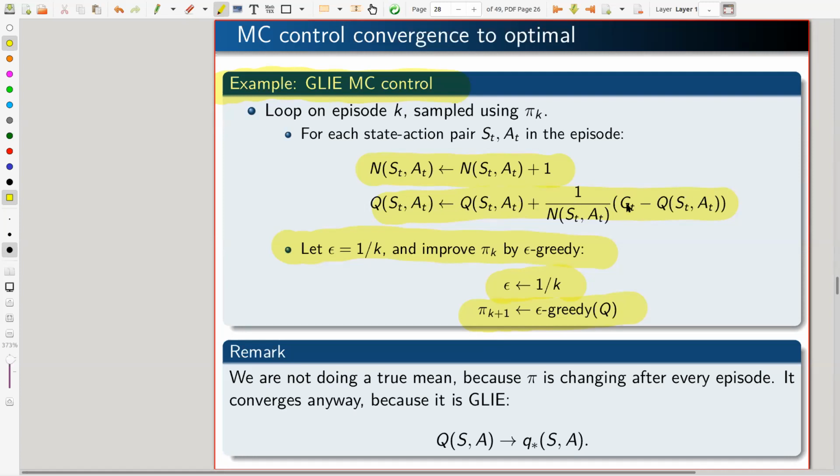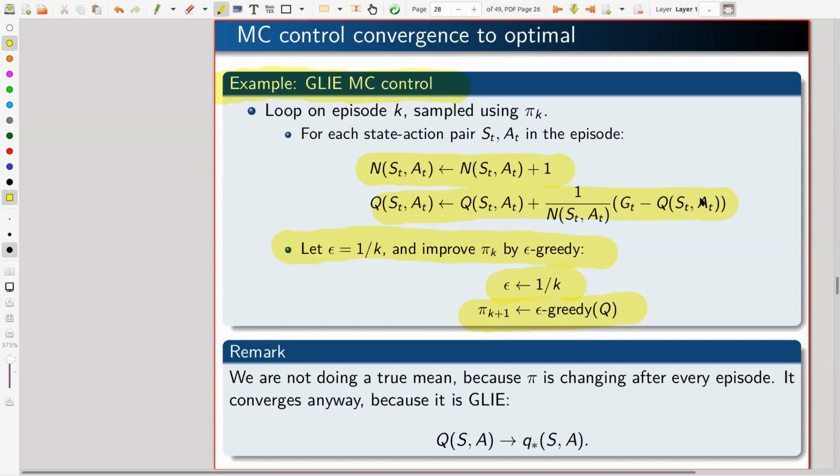Remember, this is exactly the line we were using for the Monte Carlo evaluation part. Or you don't remember because this is a crash course and you're probably almost fried now. But trust me, this is the same line that I showed you when I told you this is the way we can compute the Q value of states, now pairs state action, by computing in an incremental way the empirical mean of episodes.